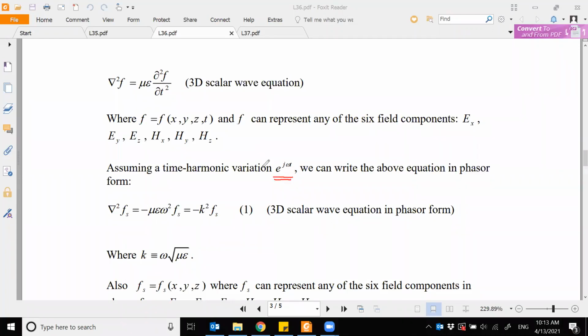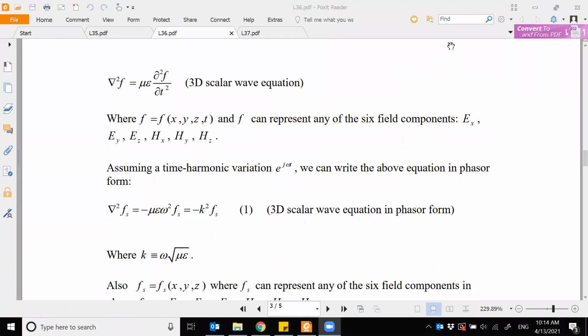And therefore, in this case, I can write del square Fs is equal to, if I replace this, minus mu epsilon omega square Fs. So this is nothing but minus k square Fs, where k is omega root of mu epsilon. So this is my 3D scalar wave equation in phasor form, which I'm now going to solve.